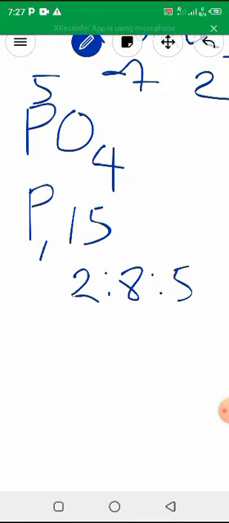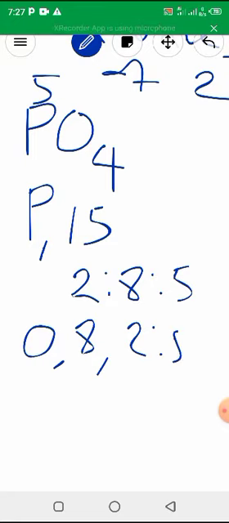Oxygen, O, atomic number is 8. Configuration is 2, 6, has a valence of 2. 2 times 4 for 4 oxygen atoms makes 8, and 8 minus 5 is 3.